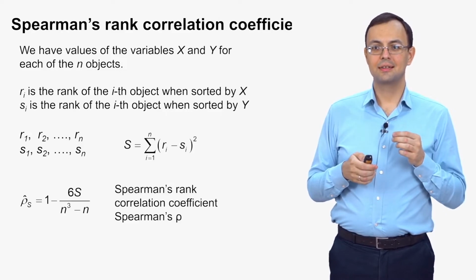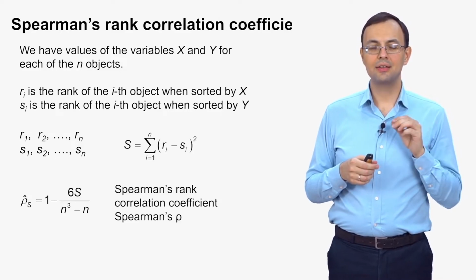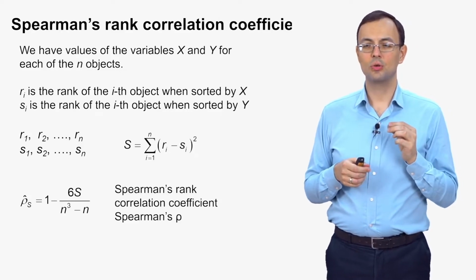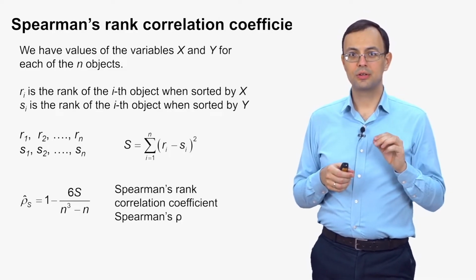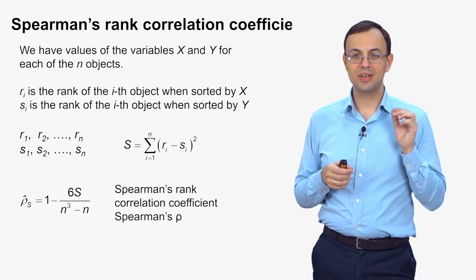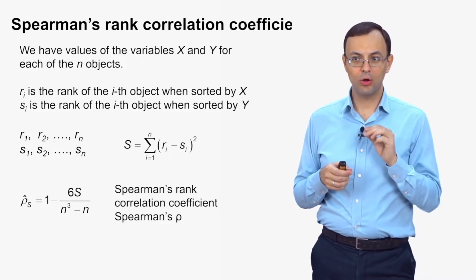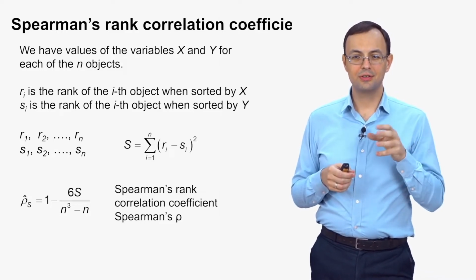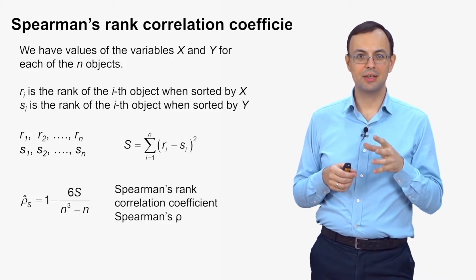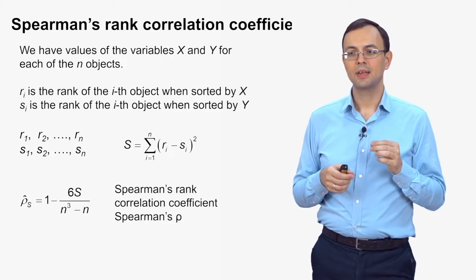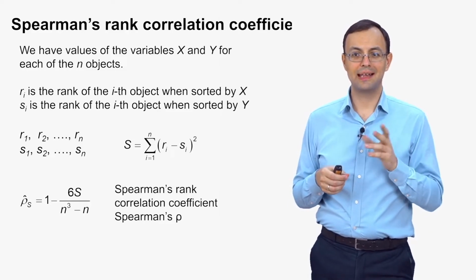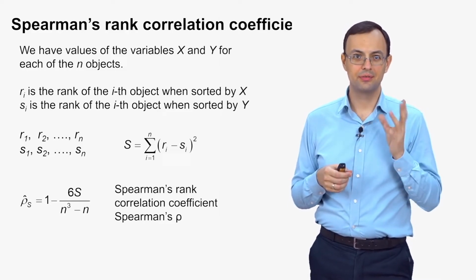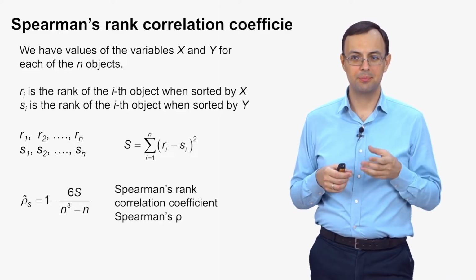So what is done next? We calculate the coefficient that is called Spearman's rank correlation coefficient, or just Spearman's coefficient, or sometimes it is called Spearman's rho, as the standard way to denote this coefficient is the Greek letter rho. And the symbol that is used for this coefficient is rho s, so s is for Spearman's name.